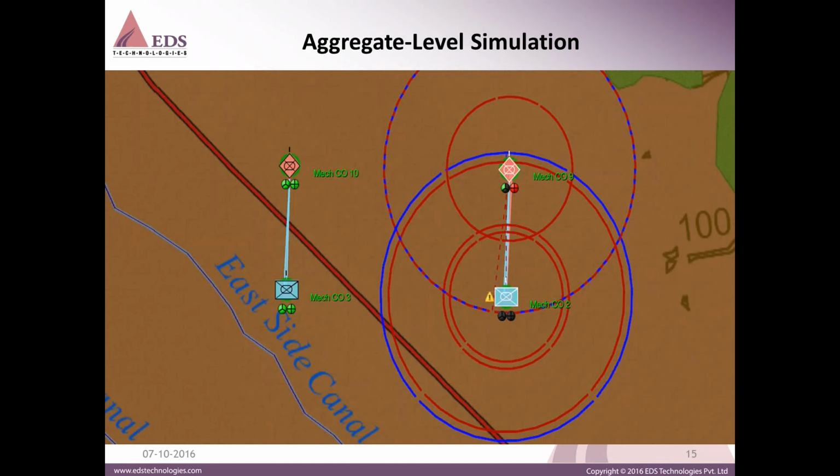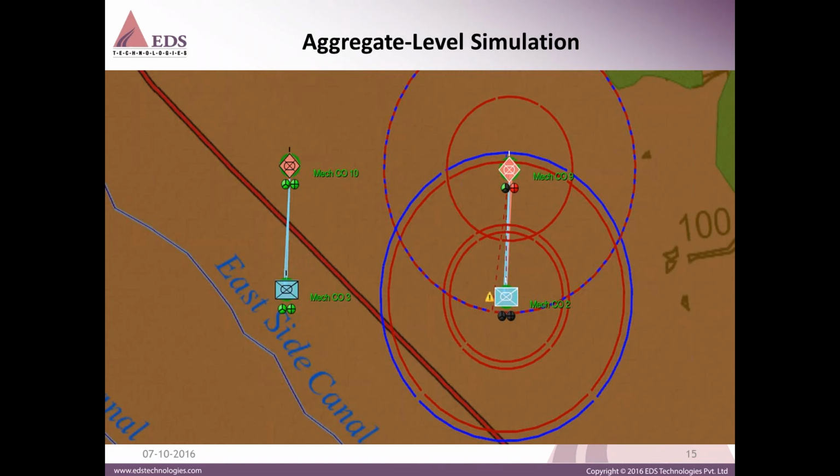So aggregate level simulation is capable of modeling the operational tempo of a large area through command staff level officers. This is very useful both for training staff officers and for simulating command and control systems, C2 and C4I, command, control, communication, computers and intelligence systems.